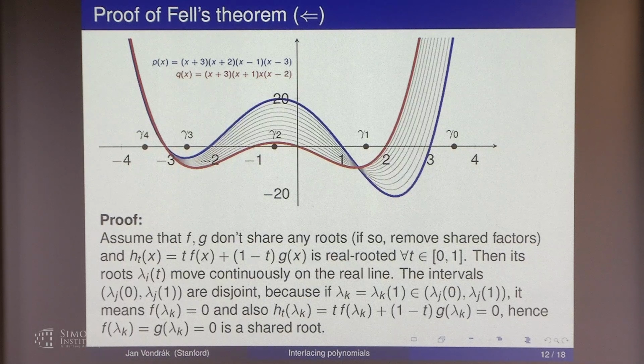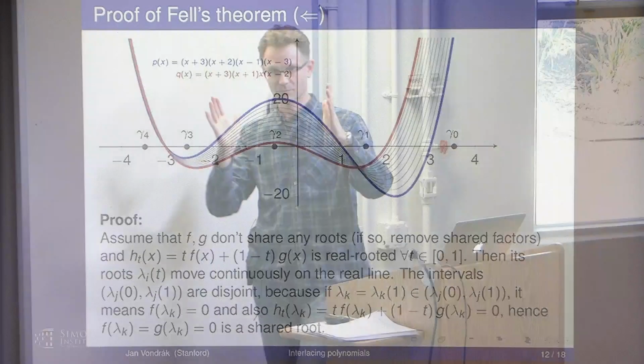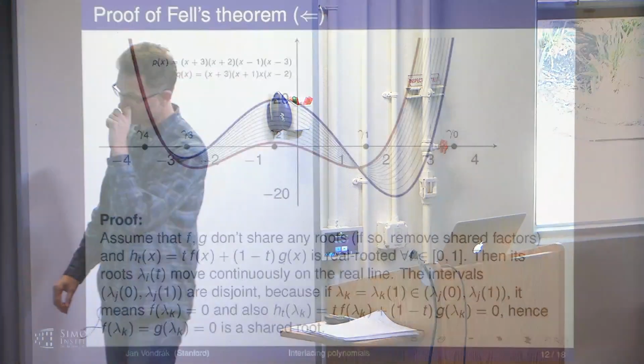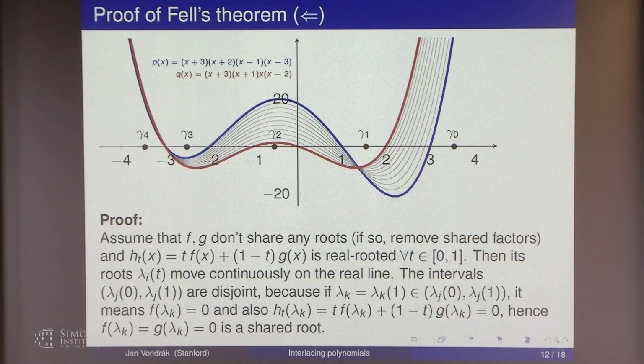They cannot overlap. Also, you cannot have a larger interval containing a smaller one. Or in other words, inside this interval, lambda j 0 and lambda j 1, you cannot have another root of one of these two polynomials. And why? Well, that's exactly because we are not allowed to have shared roots, or because we actually eliminated them.